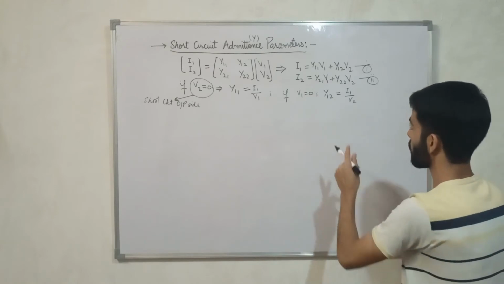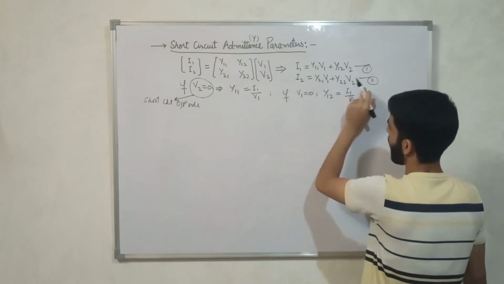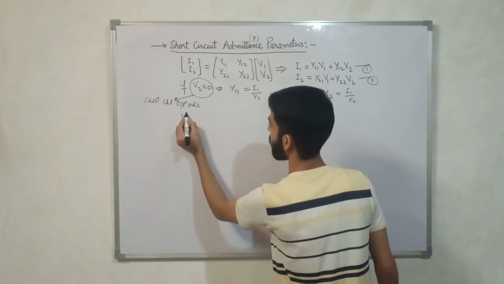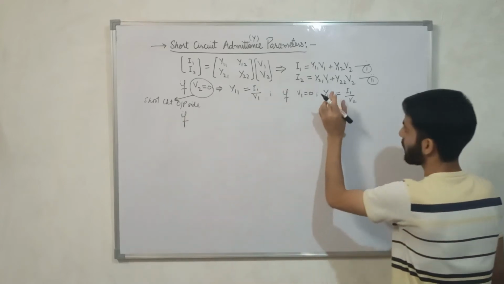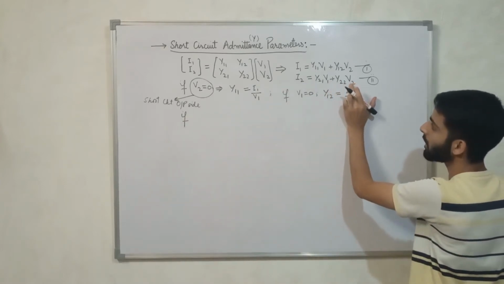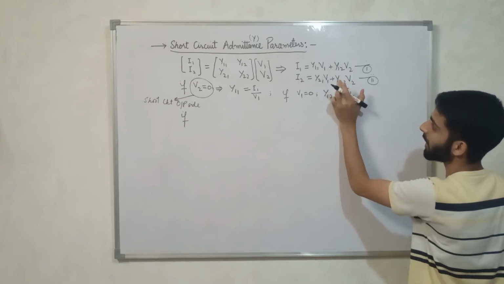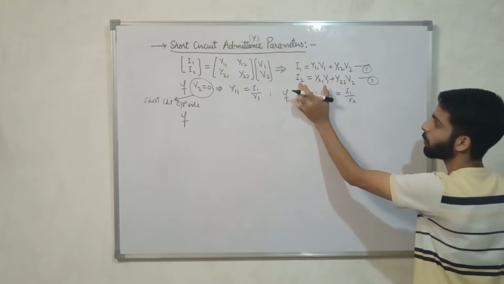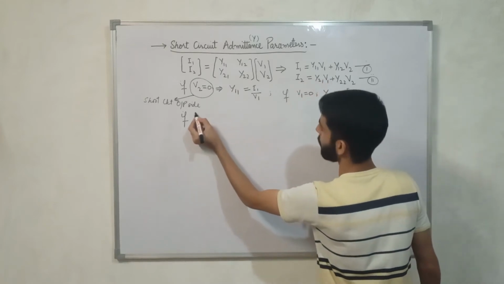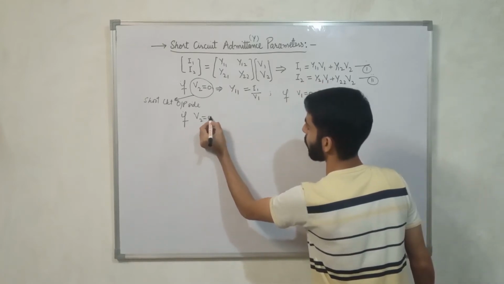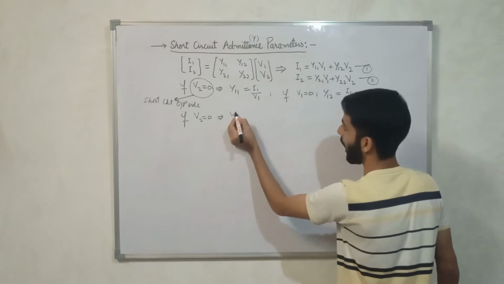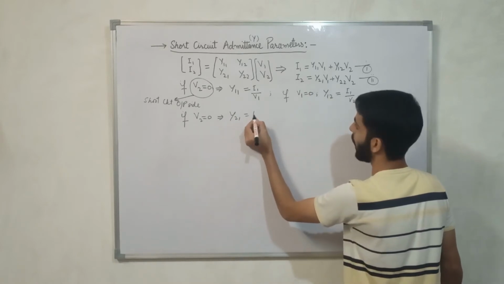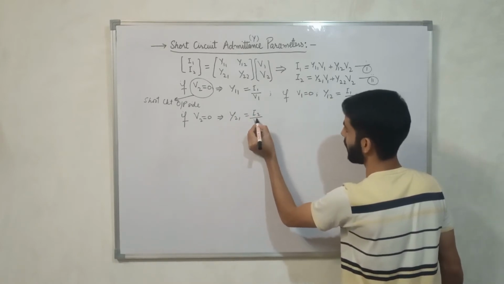Coming to the second equation, if V2 equals 0, then the second expression becomes 0, and ultimately y21 will be equal to I2 upon V1.